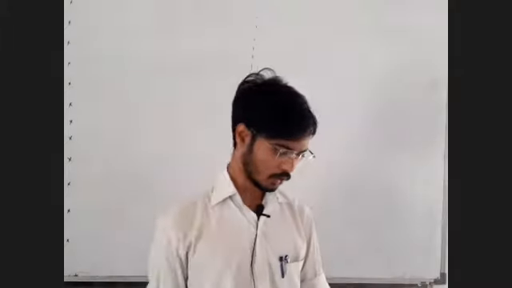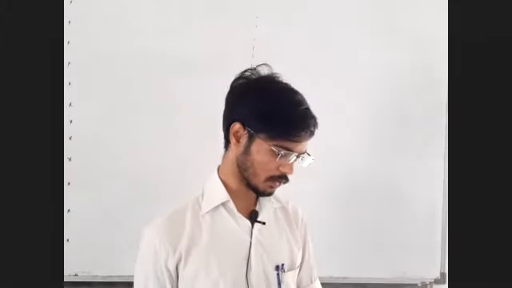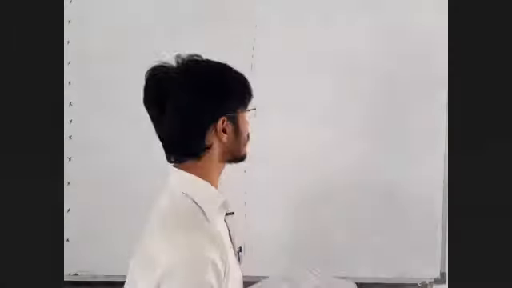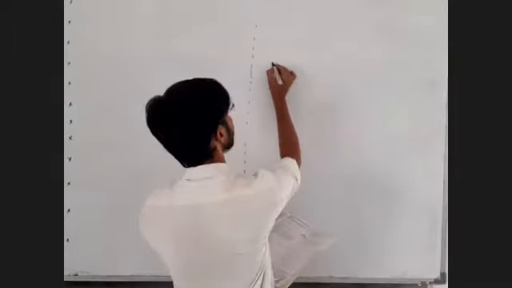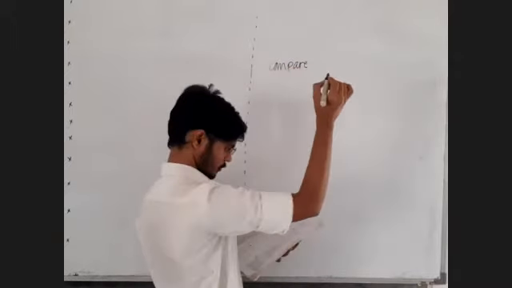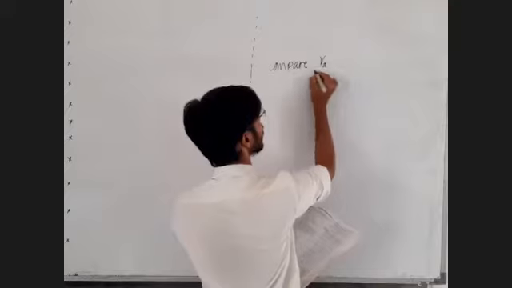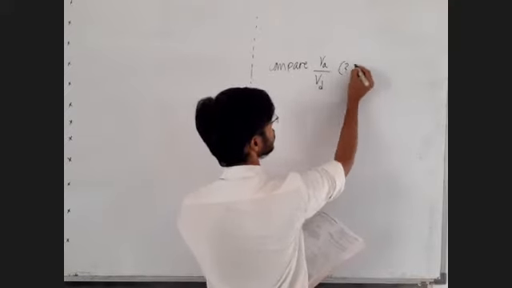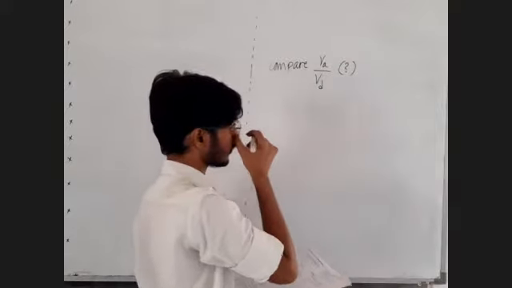Okay, how does the ratio VA upon VD compare with the ratio of VB upon VC? So we have to compare VA upon VD with this ratio. Which sign should be here? Greater than, less than, equality.